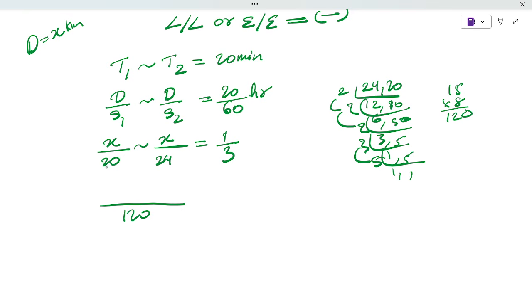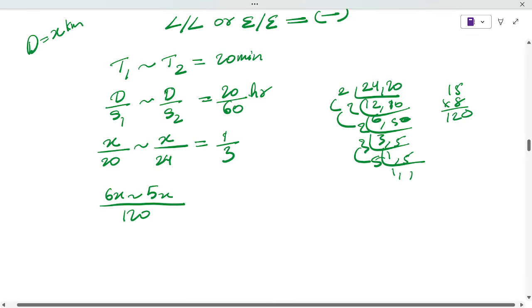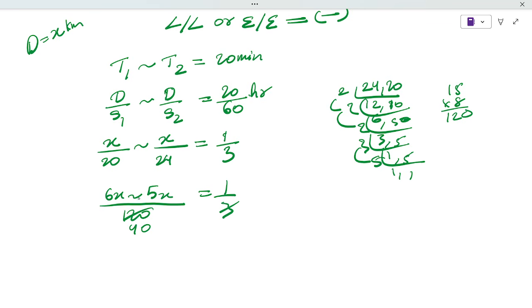So 120 divided by 20 gives 6x, and by 24 gives 5x, equal to 1 by 3. Multiplying by 120 gives 40. Subtraction of 6x and 5x will give us x. So x is equal to 40 kilometer. So that's the answer.